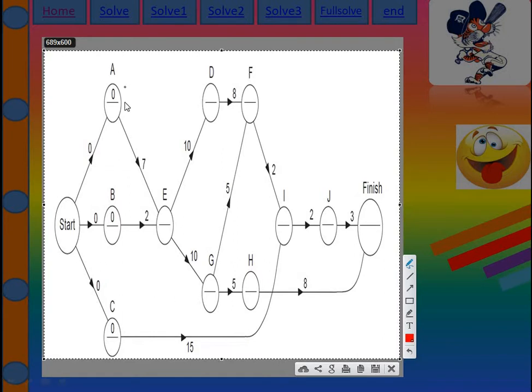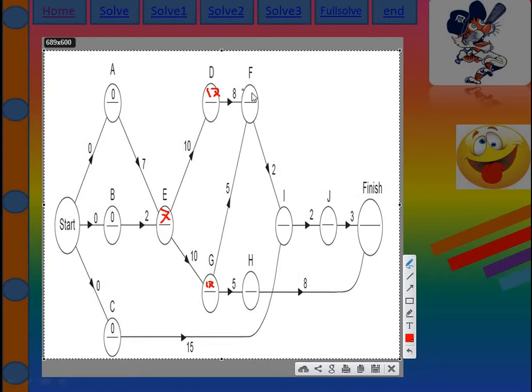First of all, E is reached in two ways, from A to E and from B to E. B to E is 2, but A to E has 7, so I write 7 because I take the higher value. I do not take B. Then E to D is 17, and E to G is 17 because 7 plus 10 equals 17.